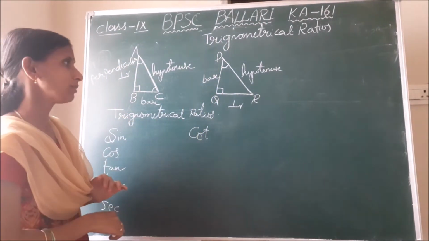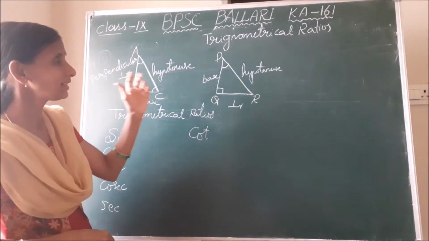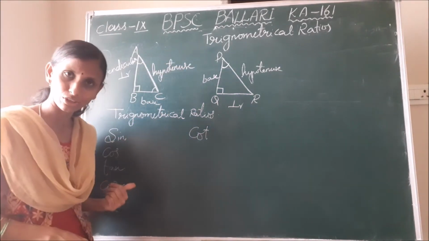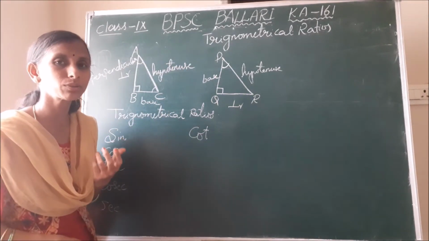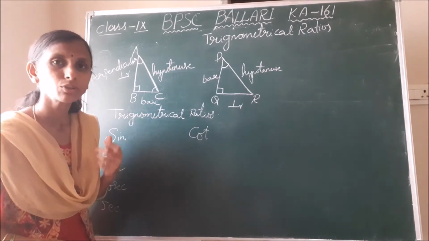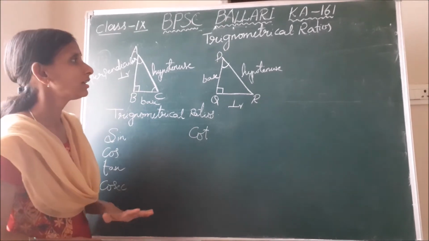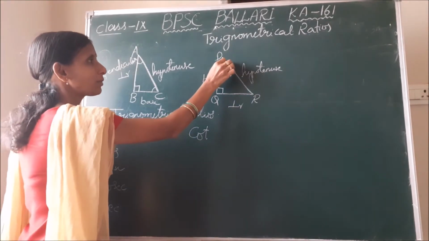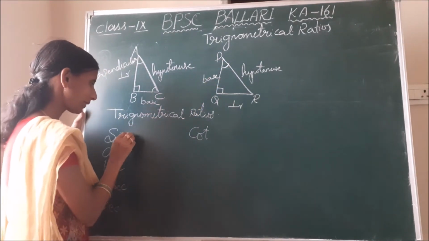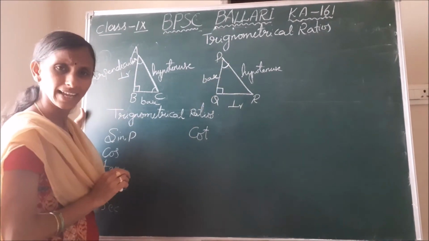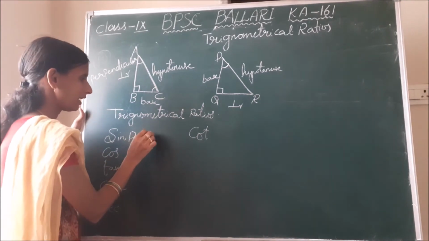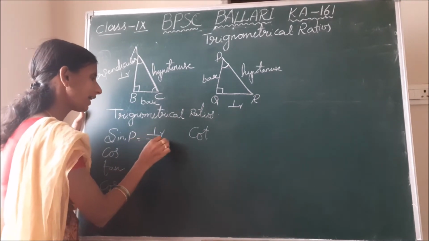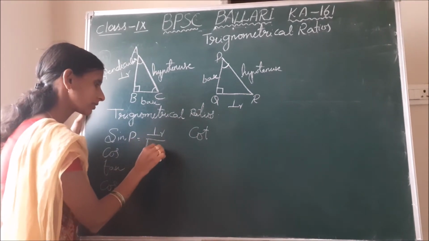Now we need to find the trigonometric ratios. Here we have a few things which we have to remember to solve these problems. Now it is at point P, so I am taking sin P. For sine we have the formula perpendicular by hypotenuse.